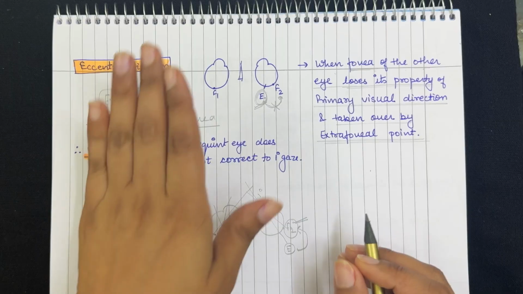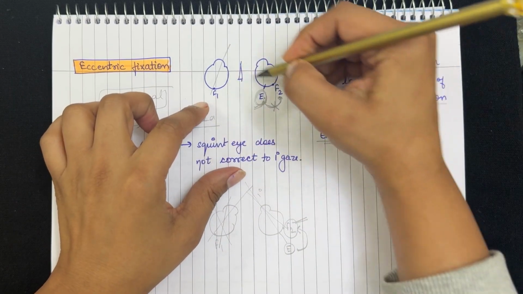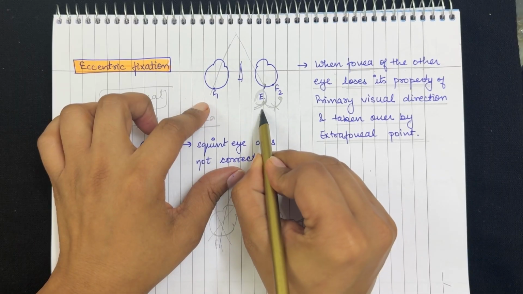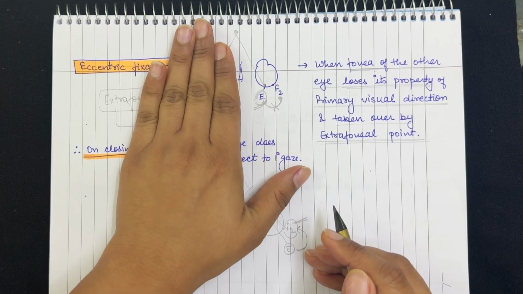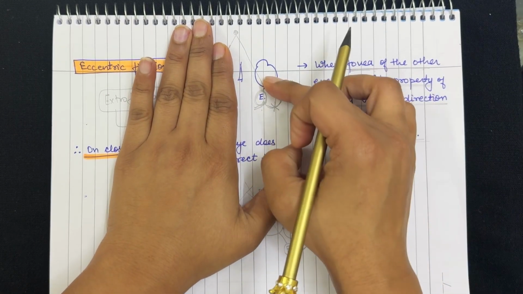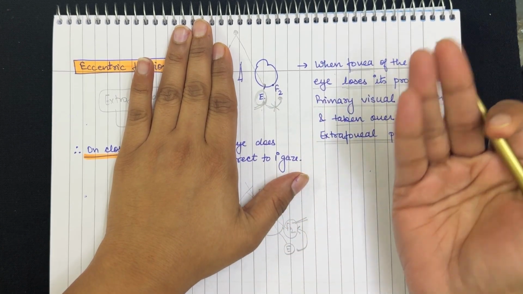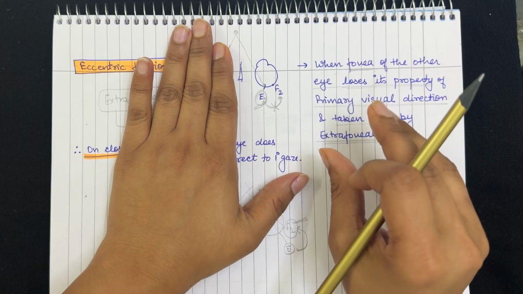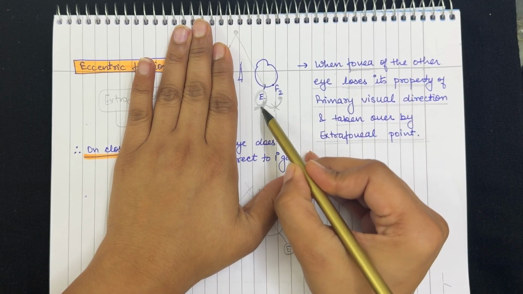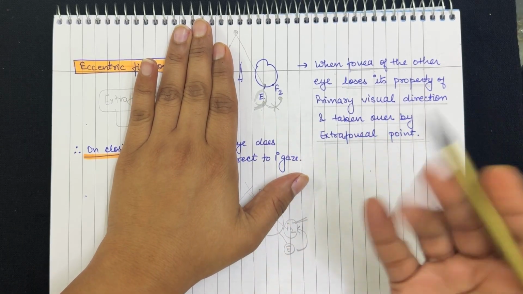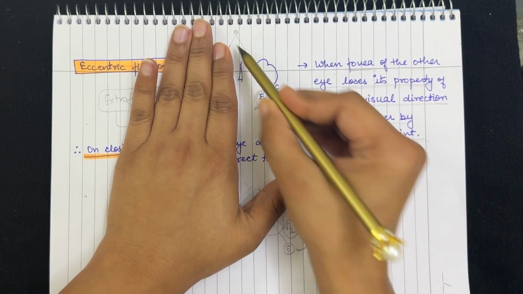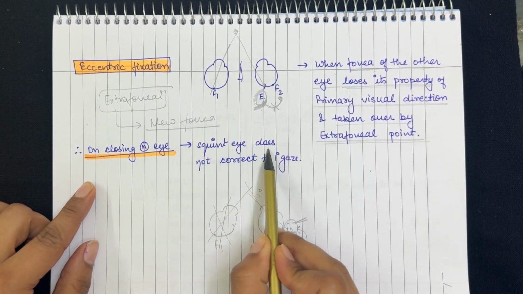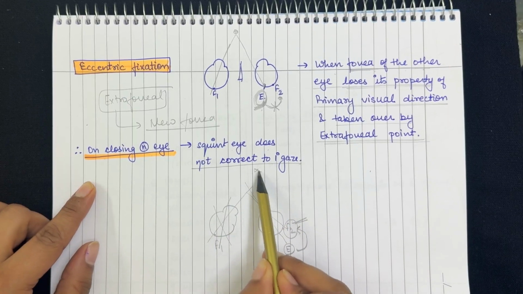Now what will happen? When we are seeing with both the eyes, this image will fall on the extrafoveal point, right? So if we close this eye, what will happen? Now this eye was supposed to take its primary position, to refixate and return the power to f2, but now the extrafoveal point is the new king and so there will be no movement. So on closing the normal eye, the squint eye does not correct to the primary gaze.